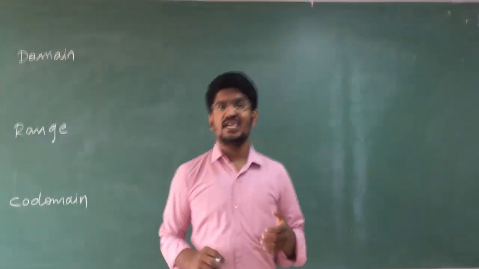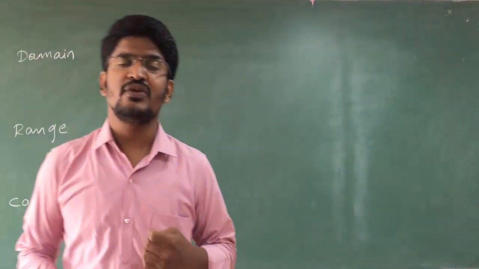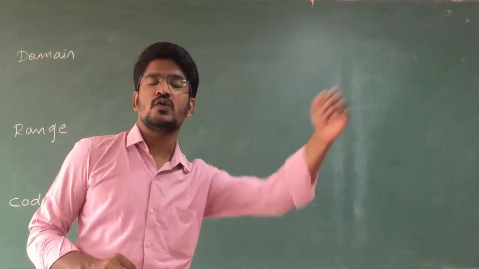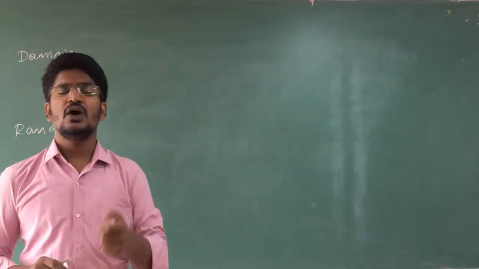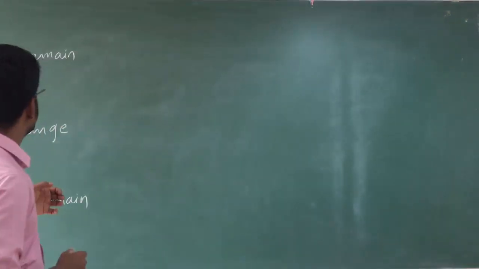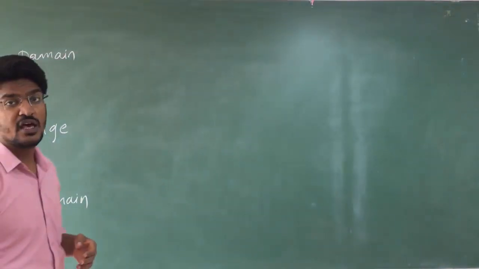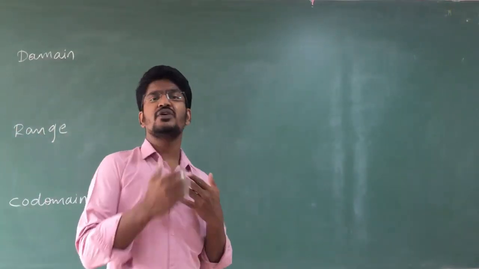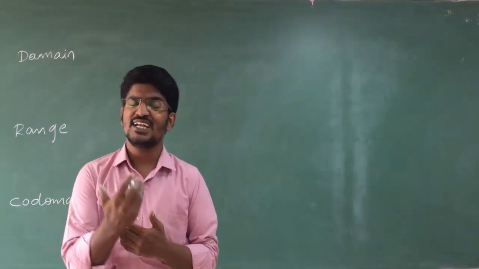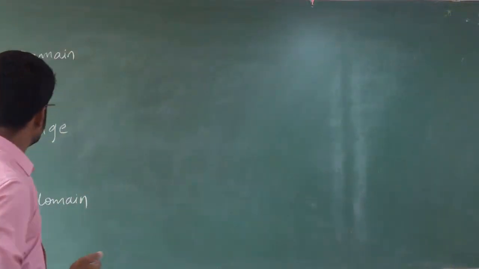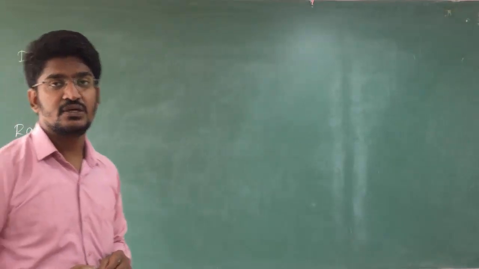By understanding the relationship between non-empty set A to non-empty set B, now let us go to the further definitions, that is domain, range, codomain. Clear? So when you define a relation, with that relation these three are going to exist. Clear?